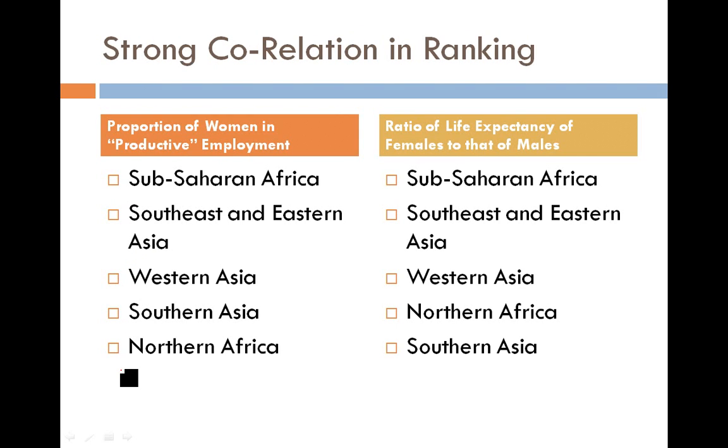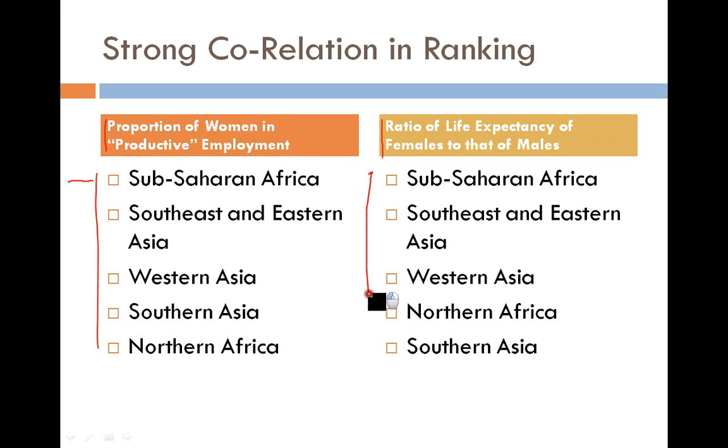Now there is also strong correlation in ranking of communities throughout the world when we rank them according to the proportion of women that are productively employed in them and the ratio of life expectancy of females to that of males. So from top to bottom, at the top we have the largest proportion of women who are engaged in productive employment.